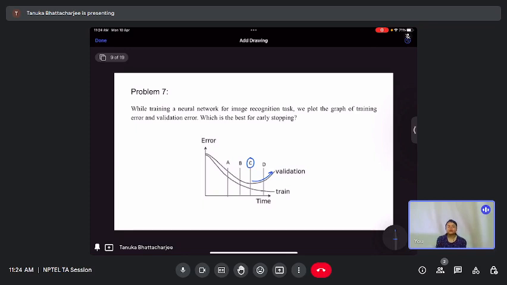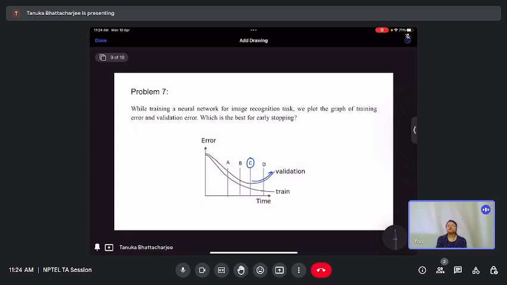Validation data is some unseen data which is outside your training data. That gives you an estimate of how your network will perform on unseen data, or your network's generalization ability. You compute the performance on the validation set, and based on it you decide where to do early stopping.